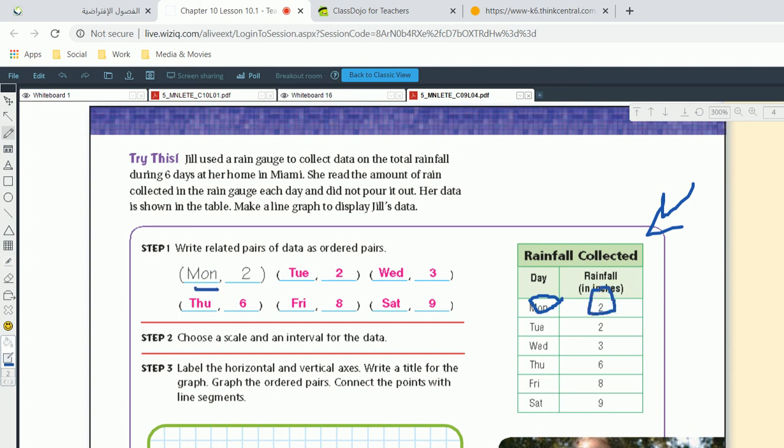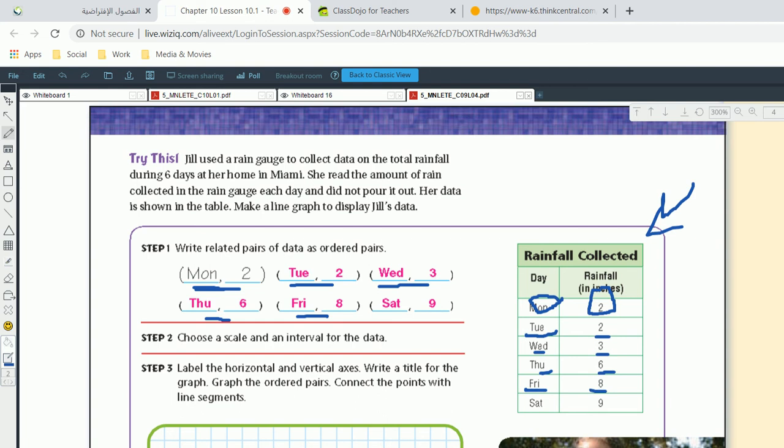So the ordered pair will be Monday and 2. Next ordered pair is Tuesday and 2. The next one, Wednesday and 3. Thursday and 6. All of that according to the table.